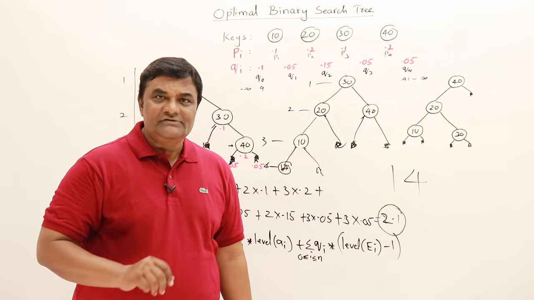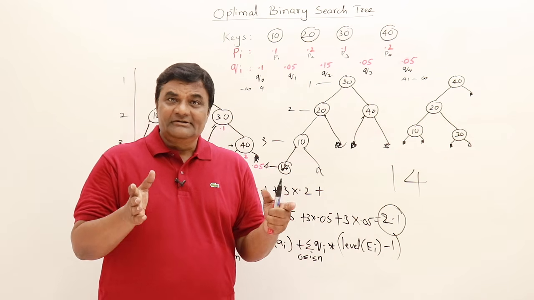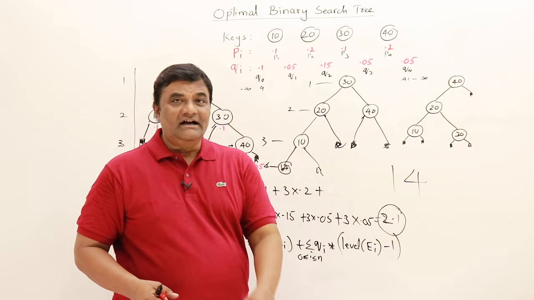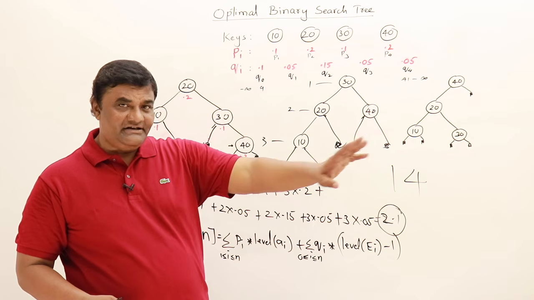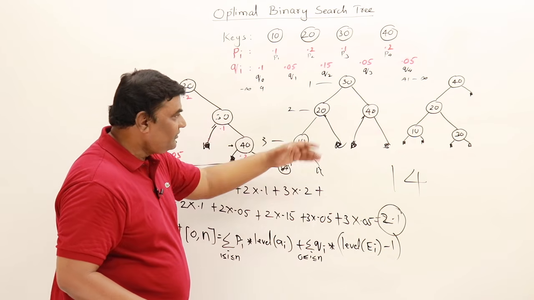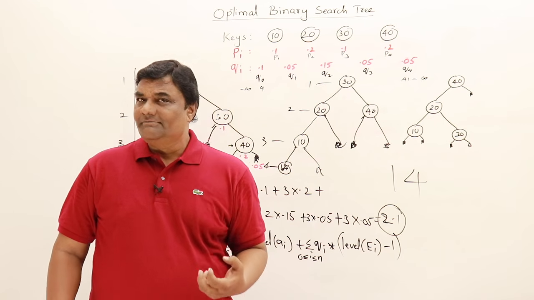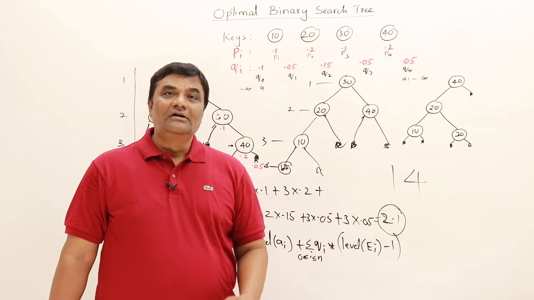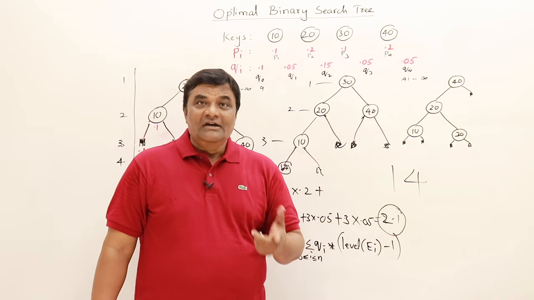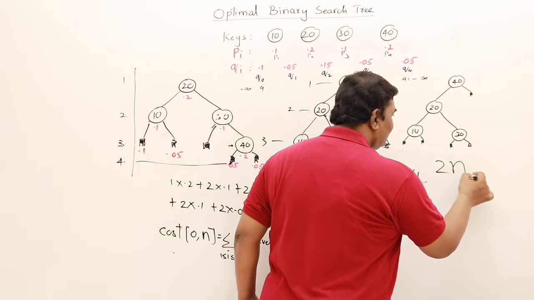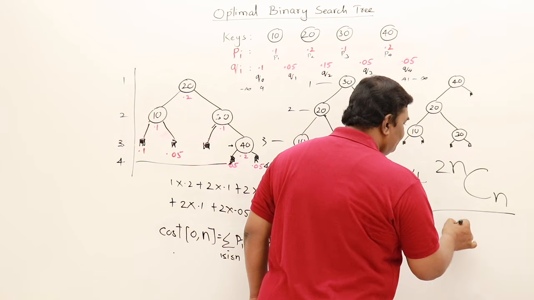Now, what should be the solution? For 4 keys, 14 different trees are possible. I should draw all 14 trees and find out the cost for each tree. Then I should select the one which is giving minimum cost. This should be the approach. But this is very time consuming. You remember, for n nodes, these many trees are possible: 2n C n by n plus 1.